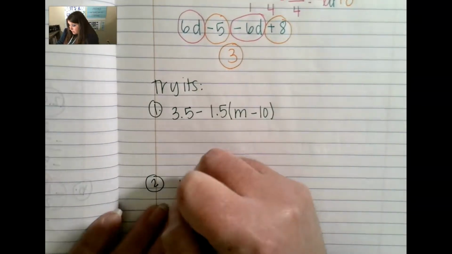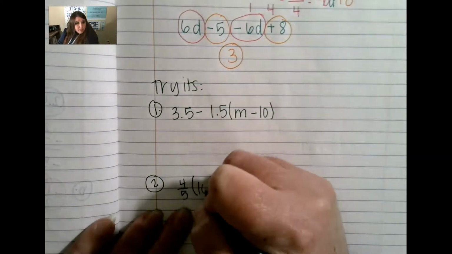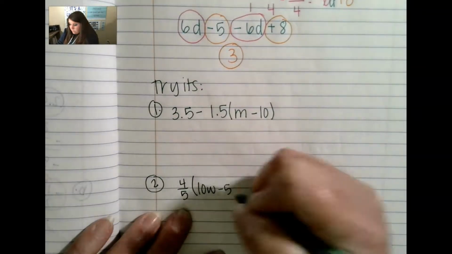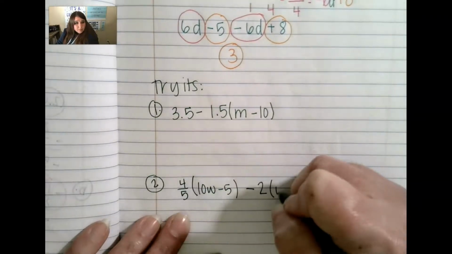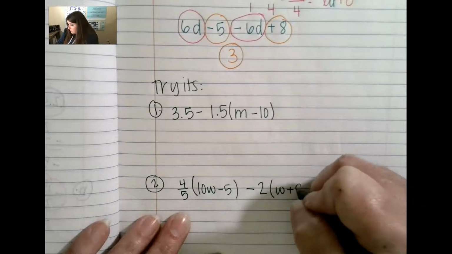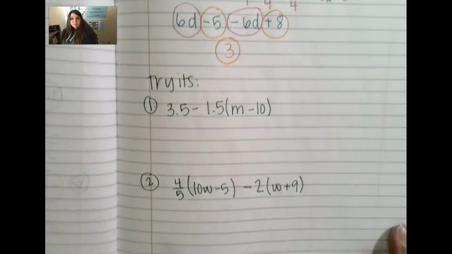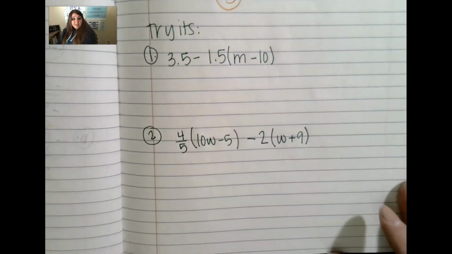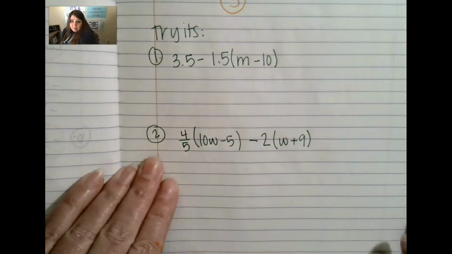We have 4/5 times 10w minus 5. Ooh, this is a double. Minus 2 times w plus 9. This is a double distributive model. Okay, go ahead and hit pause right now so you don't hear me solving, and then when you're ready, come on back and hit play.